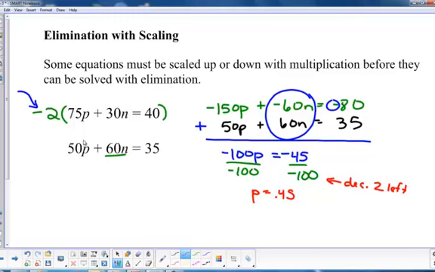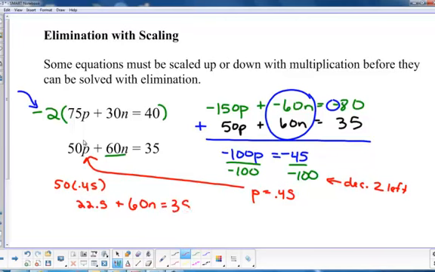So we're going to plug that in for P. It doesn't matter which one you plug it into. So 50 times 0.45, I'll just do that real quick, plus 60n is 35.